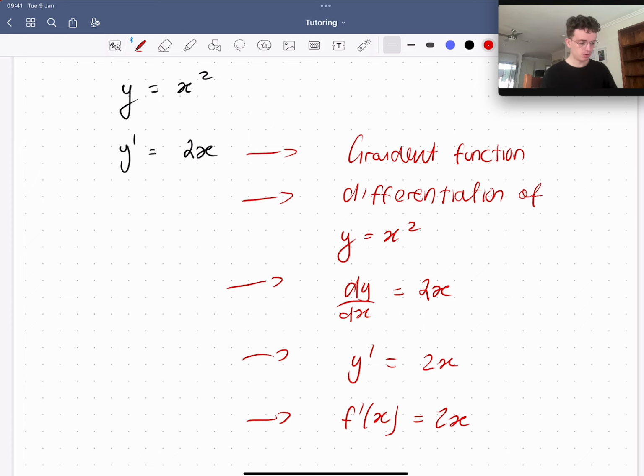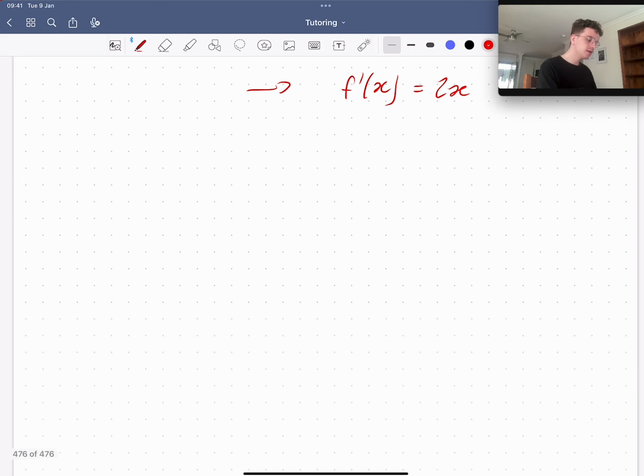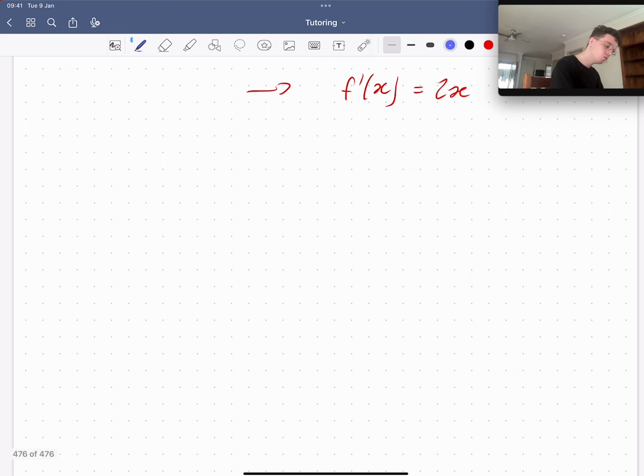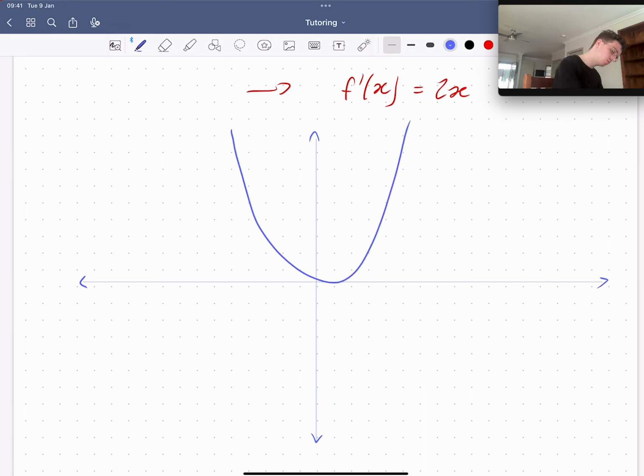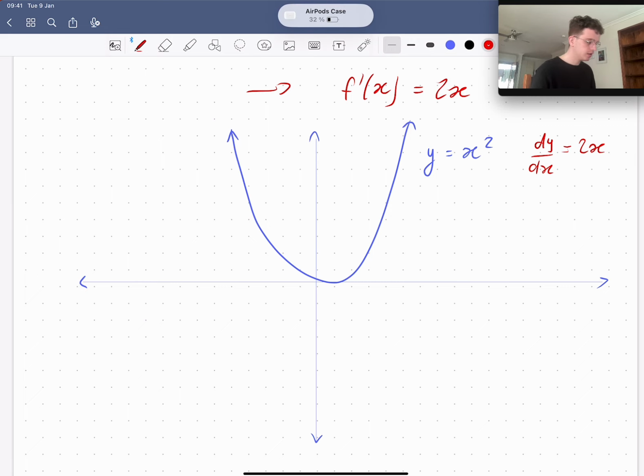What does that mean though? If I were to graph y equals x squared on a Cartesian plane, y equals x squared, and we've just found that the differentiation of y equals x squared, dy dx, is 2x.